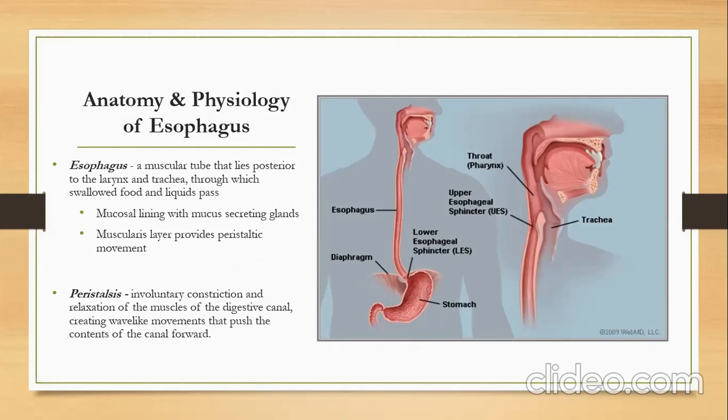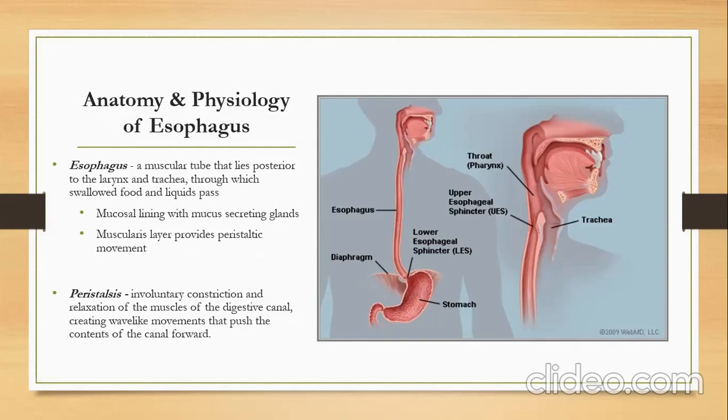The lining of the esophagus is mucosal lining. So just like your mucous membranes, your mouth, your vaginal area, for lack of a better idea, it's a mucous membrane. The mucus is secreted to aid in lubricating food as it slides down the esophagus.